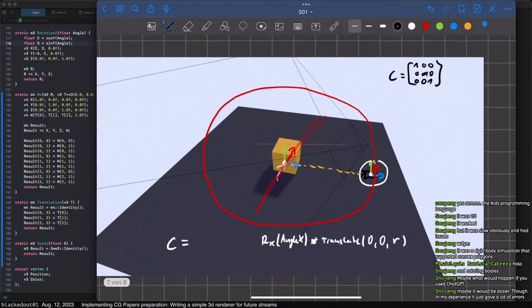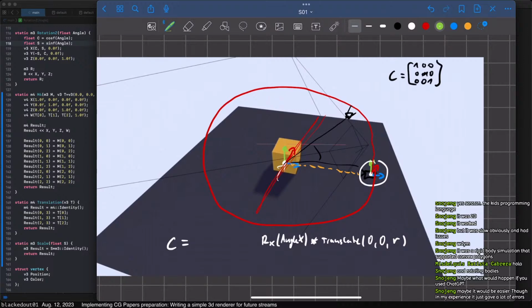And yeah, so what this will do is, for example, if this angle is here, if it is this angle, then we will look from this direction at the center point.